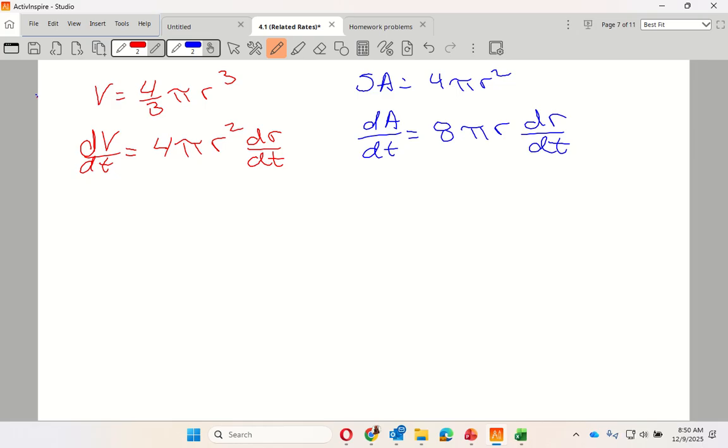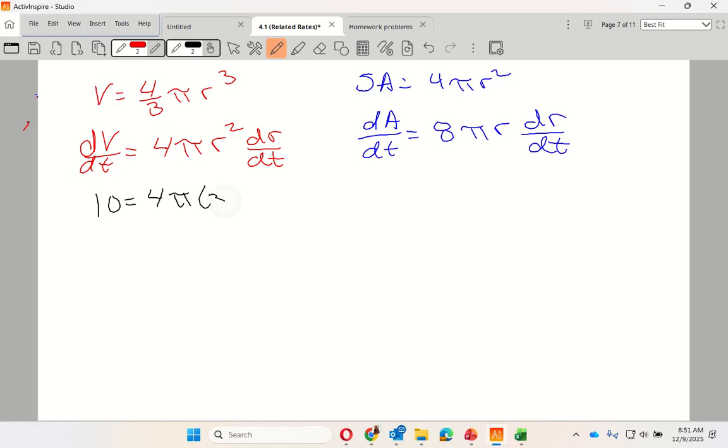Plug in. Okay, let's start plugging in. Let's plug in now. So, I know what dV/dt is, right? And that was what? 10? Okay, so 10 equals 4 pi. Do I know what r is? 3.